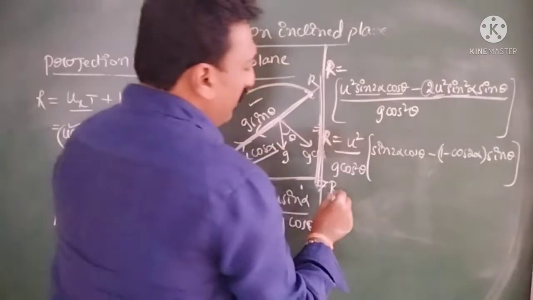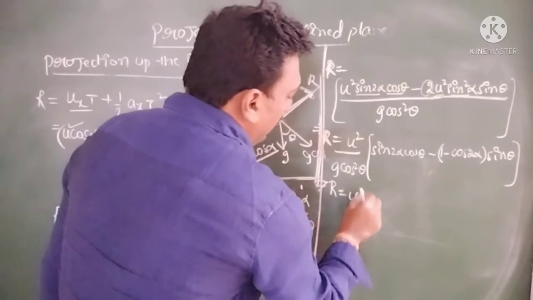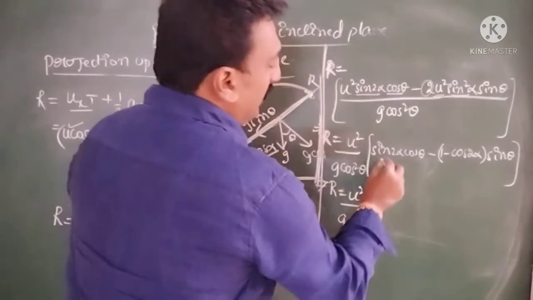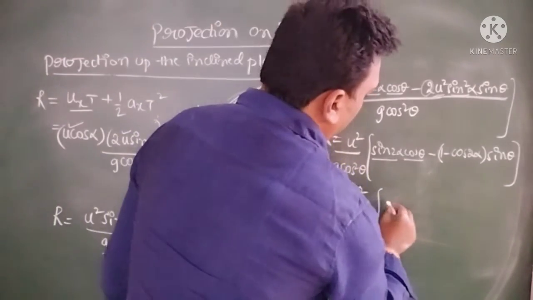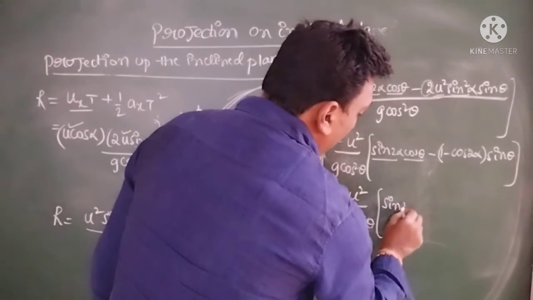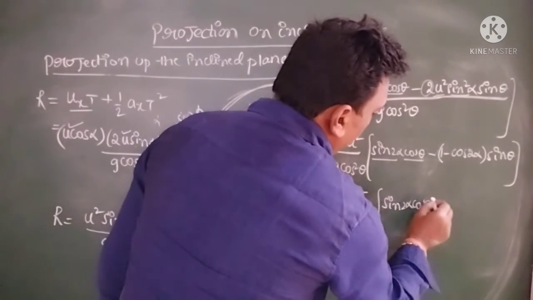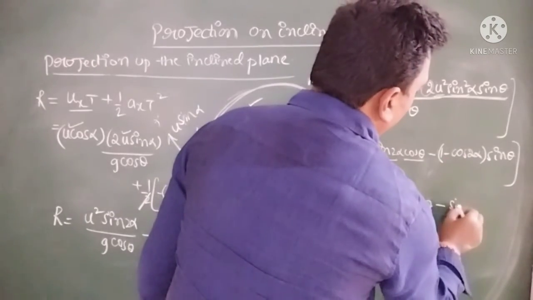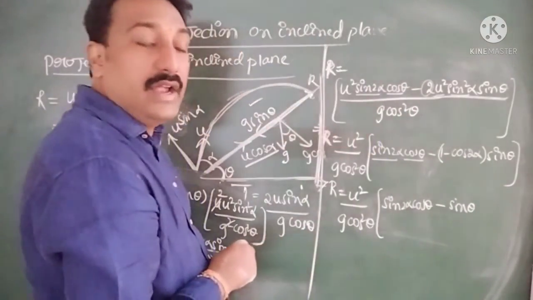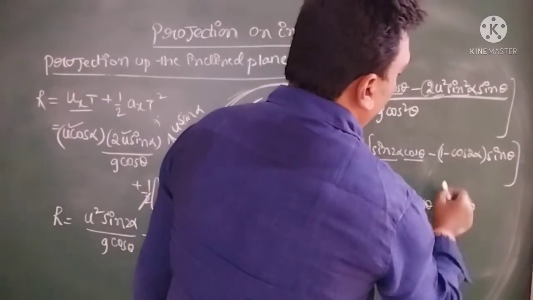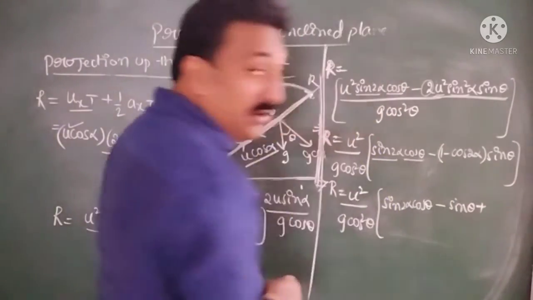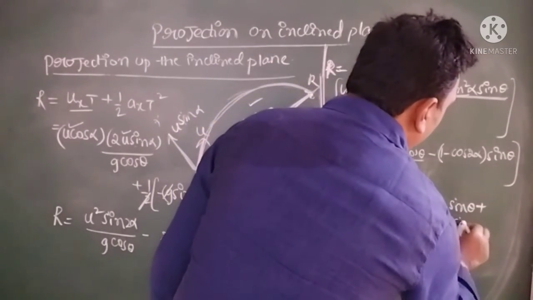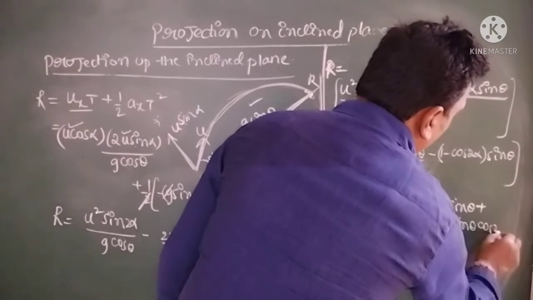So overall, this value of R will be nothing but u square divided by g cos square theta followed by sin 2 alpha cos theta minus sin theta. Minus of minus, we have to take as a plus, followed by sin theta cos 2 alpha.